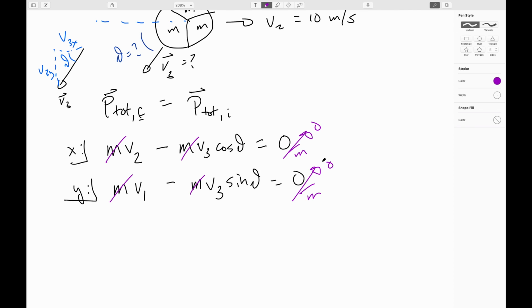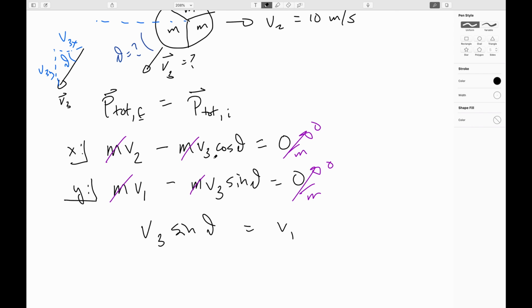All right, so we want to find v3 and we want to find the angle. In this case, I think it's actually going to be easiest to find the angle first. And what we can do is just express this as v3 sine theta equals v1.